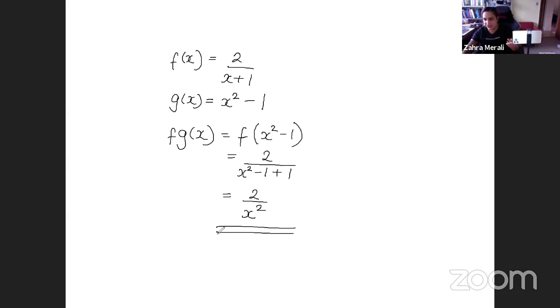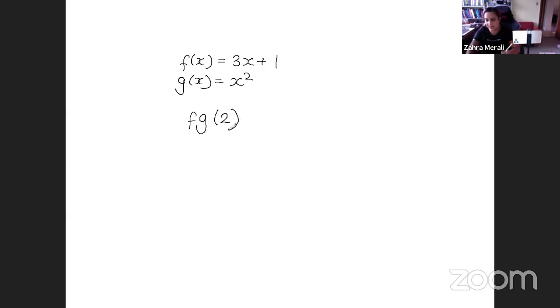So let me just go through a composite function again. A composite function, in summary: let's take the same example we had, f(x) equals 3x plus 1, and g(x) equals x squared. If I wanted to do fg of 2, essentially I'm saying it's the same as f of g of 2.